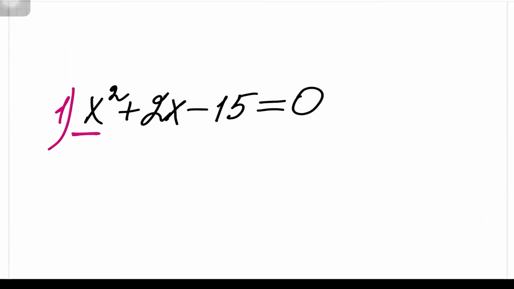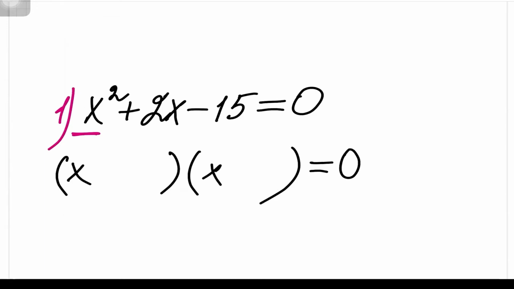Now, we are going to start by rewriting your quadratic into two sets of parentheses, both starting with x, the variable you are given. Now, we need to add two numbers.